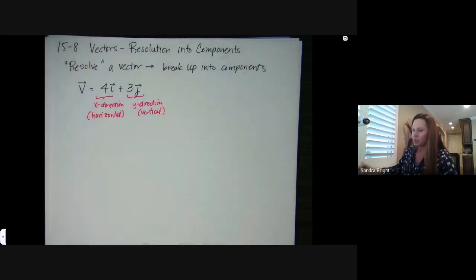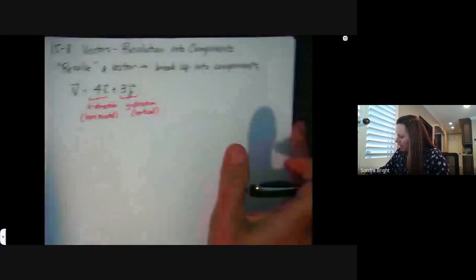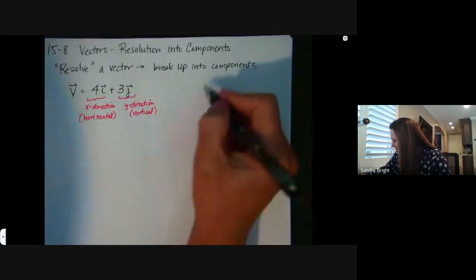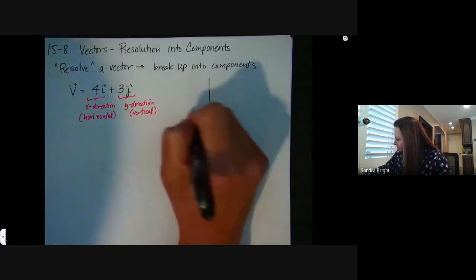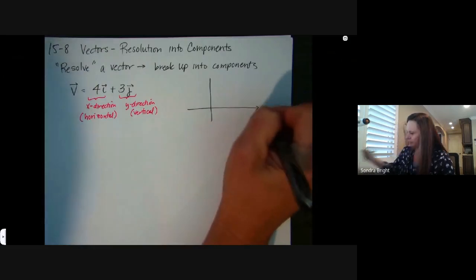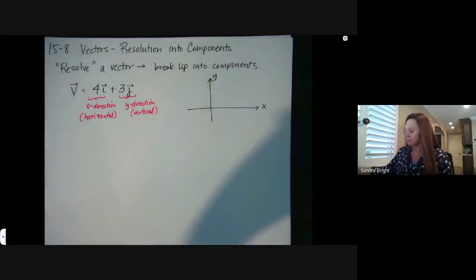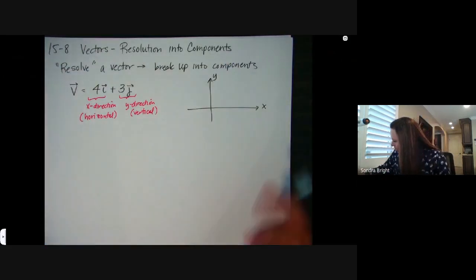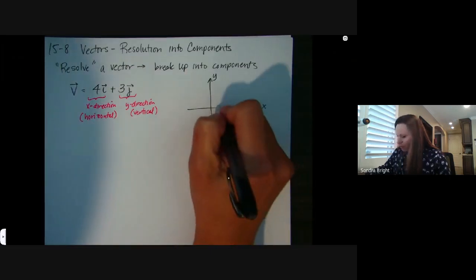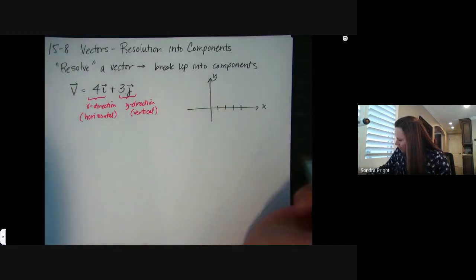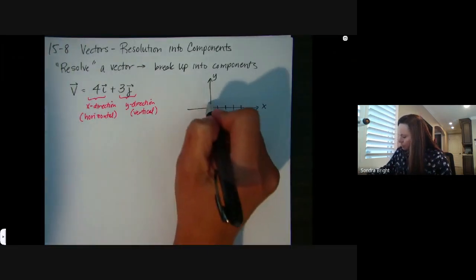Well, if I were to draw this vector, then 4i plus 3j just means, if here's my x, y plane, right? 4 in the x direction, 1, 2, 3, 4. 3 in the y direction, 1, 2, 3.